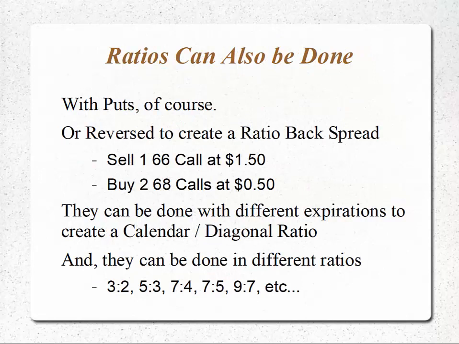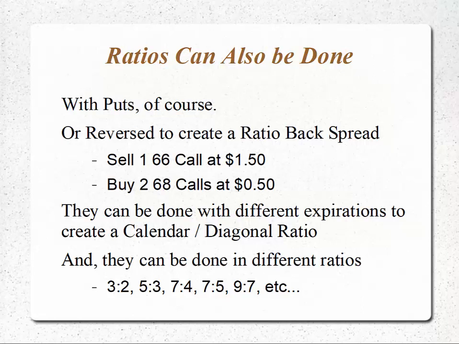Ratios can also be done with puts, of course. I might buy a put and sell 2 lower strike puts to reverse the profit and loss chart we just saw. Or I can reverse the entry of the calls to create a ratio back spread. If I sell the lower strike and buy 2 higher strike calls, I might still get a credit, but I remove the infinite risk to the upside.